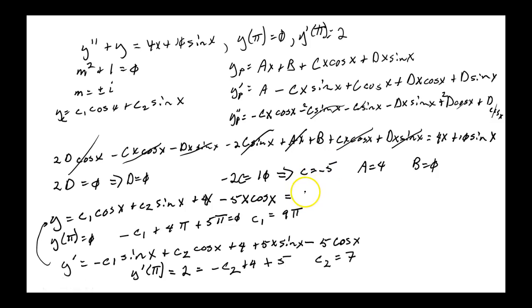So that would be 9 pi cosine x plus 7 sine x plus 4x minus 5x cosine x.